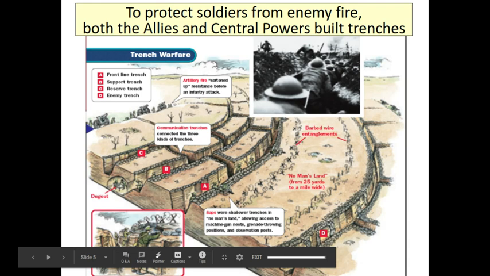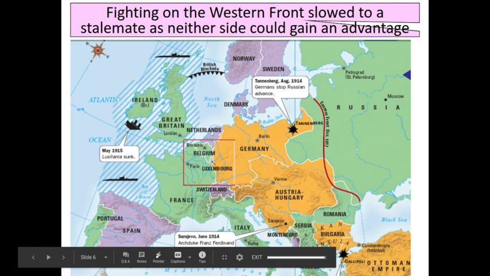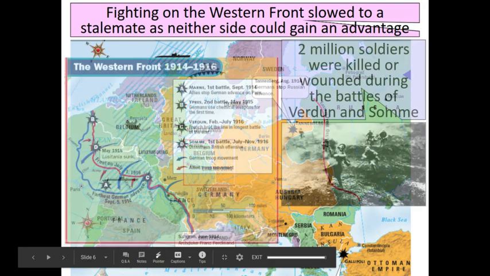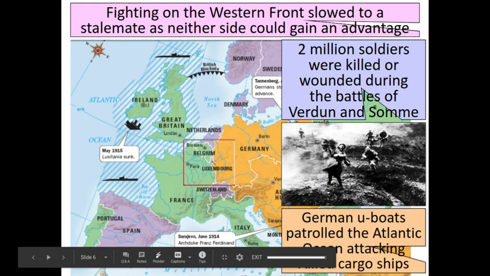We spoke about the trenches and how that looked. This one right here, and we're going through these really fast, but Lusitania sunk. You guys know that was a big one, right?